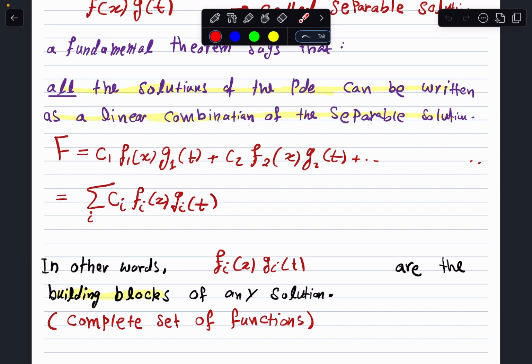So basically, a complete set of functions means that any function can be written as a linear combination of them. Because any solution can be written eventually as a linear combination of, for example, f of i, we call these f of i functions a complete set, okay?